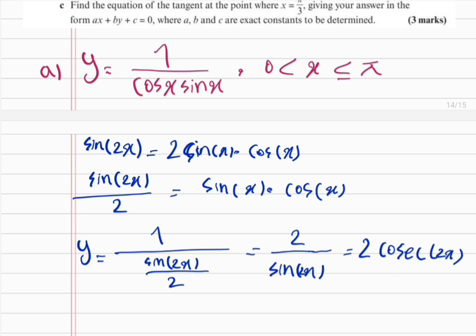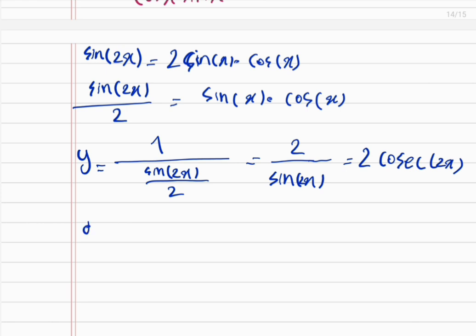Now at this point, we can use the standard results that we learned in this section in order to differentiate 2 cosec 2x. So dy/dx is equal to, we just need to remember that if we have cosec kx, the derivative is equal to minus k times cosec kx times cot kx.